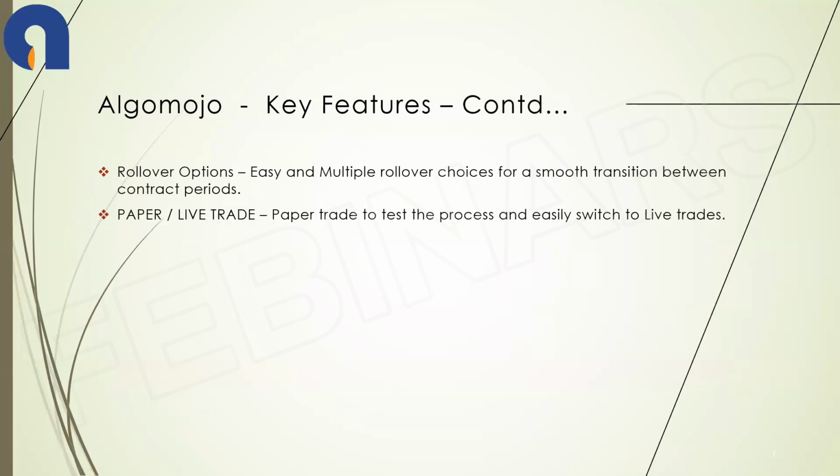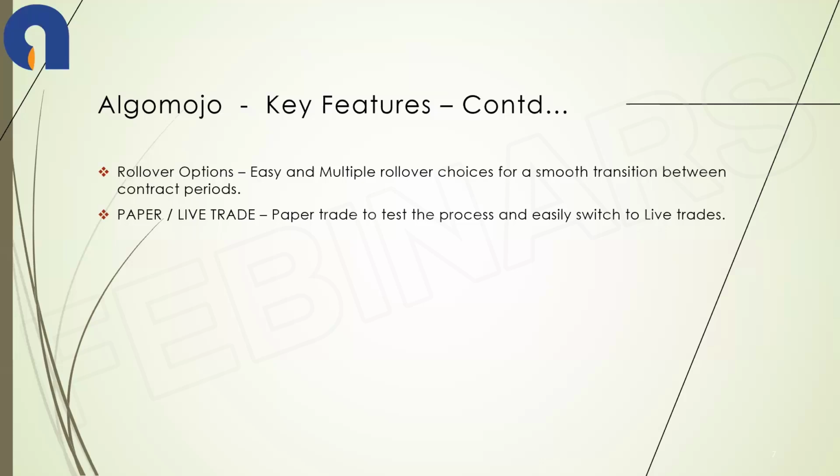Then we allow paper trade for all the traders. This paper trade is meant for people to check the process flow, whether the orders are getting executed as per your requirement. Once you test out and check that orders are going as per your requirement, then you can go in for live trades.